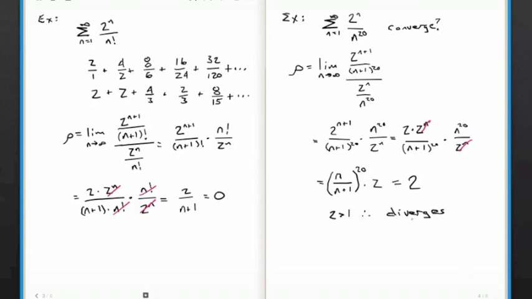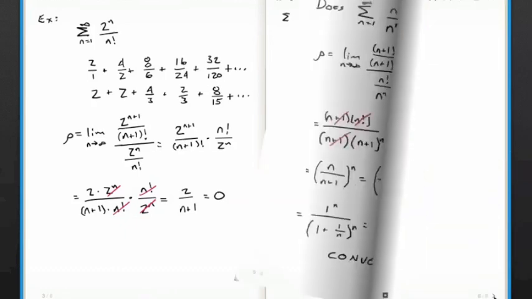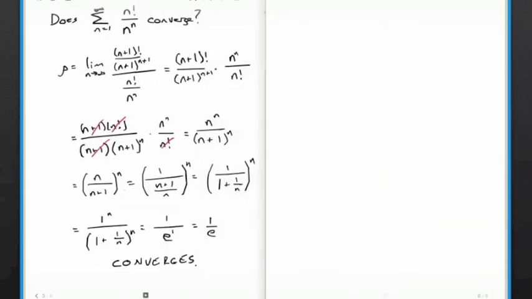So in general, we could say that the ratio test works well for things that kind of smell like or include n factorial, some common ratio to the n, or maybe an n to the n, this type of thing.